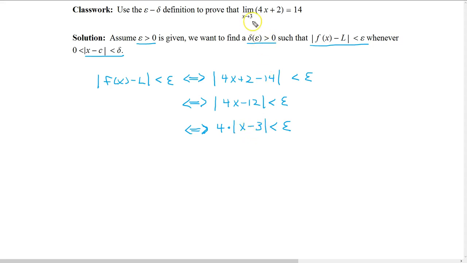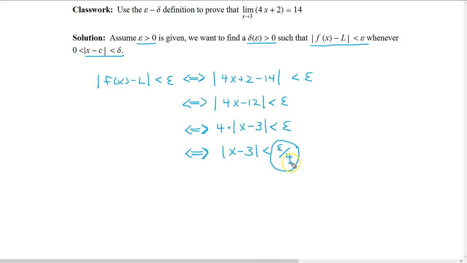The c value is 3 right here. That's our c value right there. And now all we have to do is divide that 4 to the other side. And so this is the same as, and there we go. Here's our x minus c, and this value right here would be our delta.